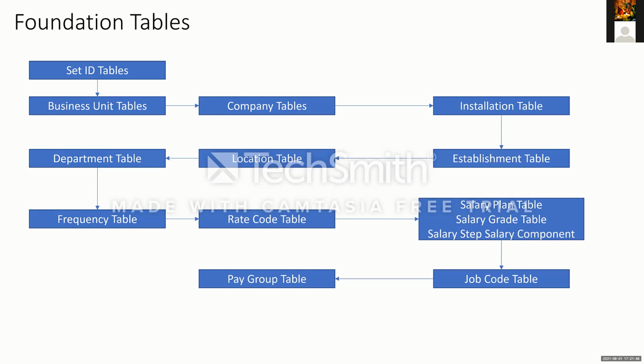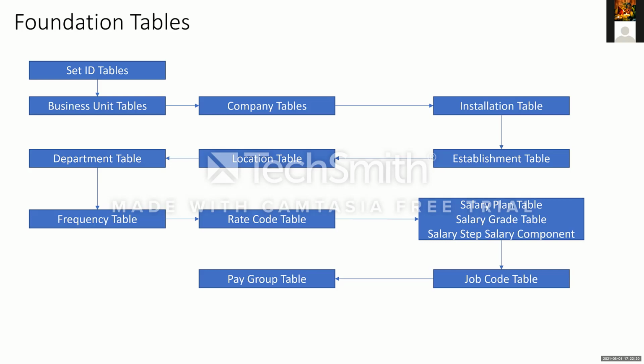Then comes establishment, to understand the establishment of those foundation records. Then comes location: if one company is in location 1, it will have a different tax than the same company in location 2, with different state tax and federal tax, everything. So location is also important. Under location, what department are you in? Finance department, accounting department, development department, HR, any other department?